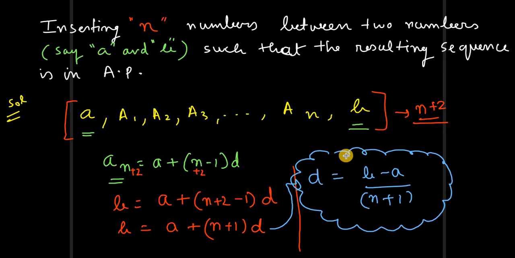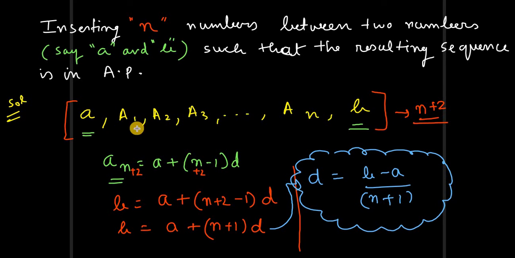Now we have to find this A1, A2, A3 up till AN, so that we can insert these particular values between the two values A and B. So to find A1, what will we write? We will write something like this: A1 is equal to A plus, because as we know A is the first term, and A1 is the second term of our sequence.